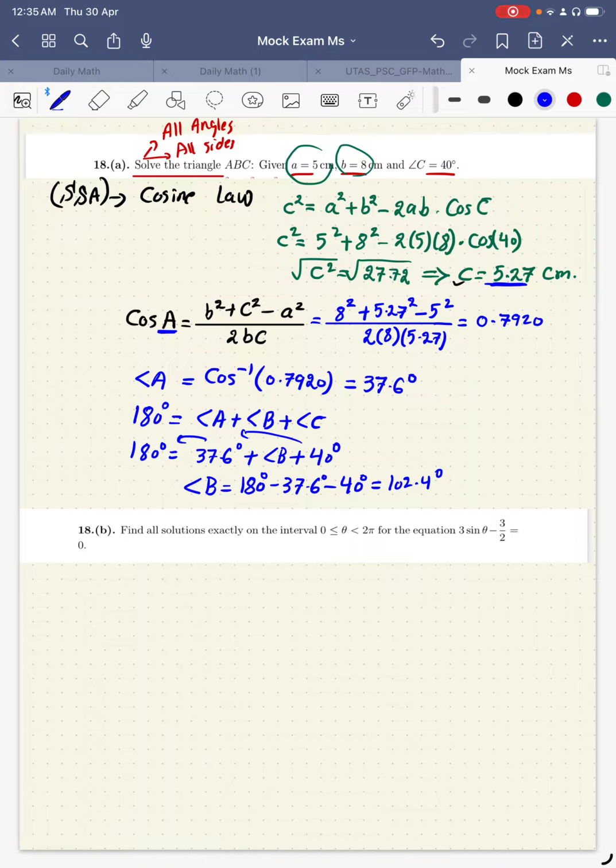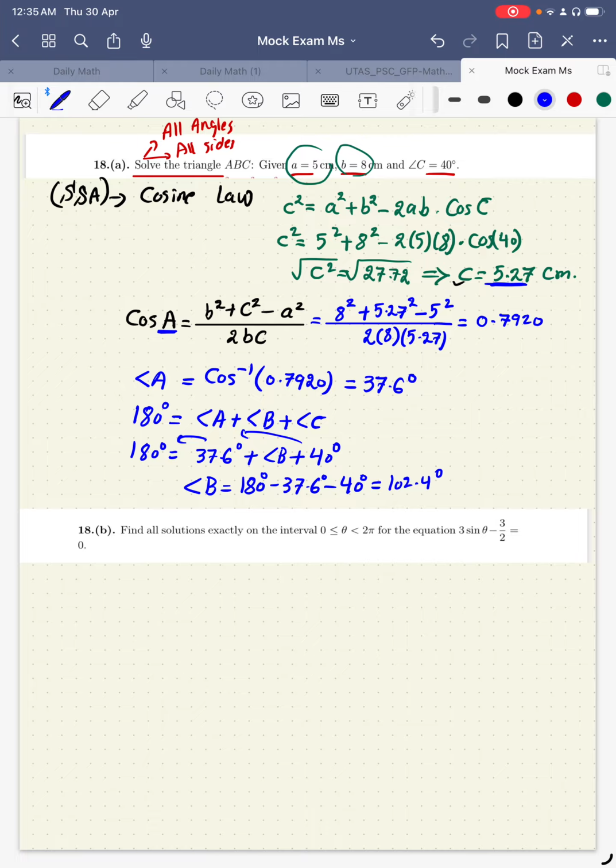And that's how we solve the triangle. Again, to solve the triangle you need to find all angles A, B, and C, and also all sides, small a, small b, and small c.